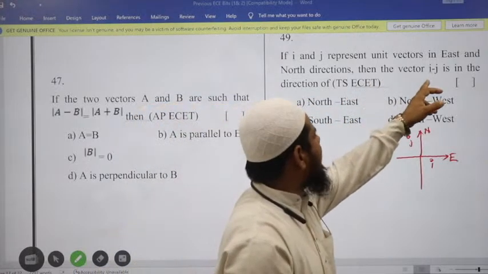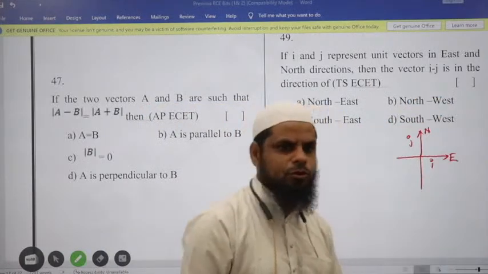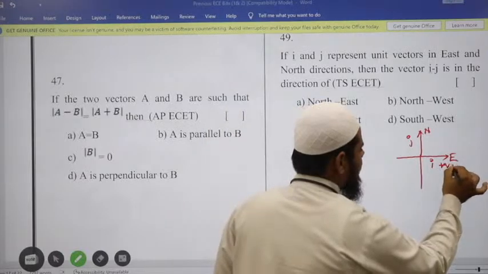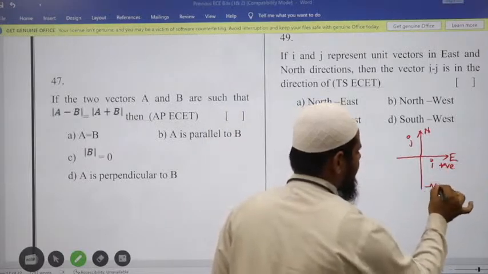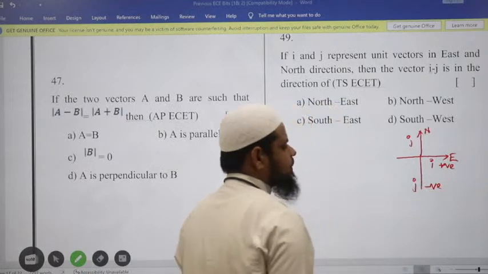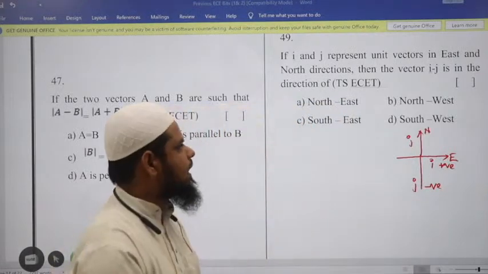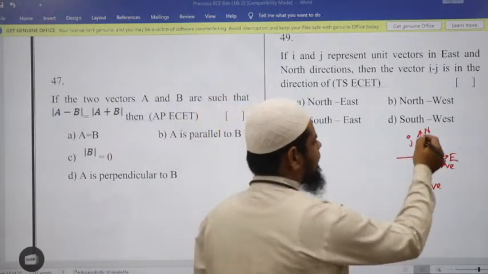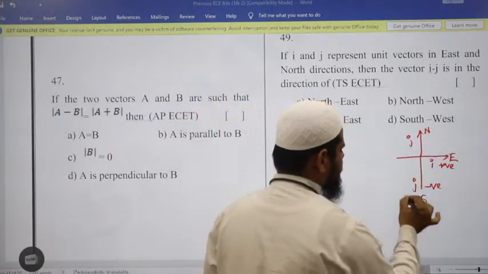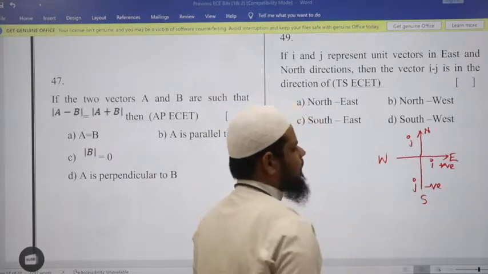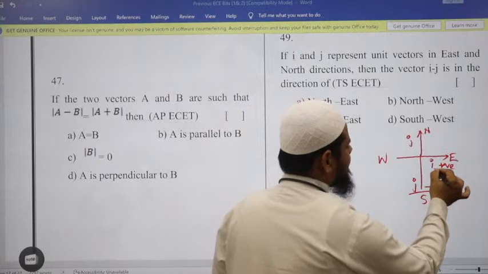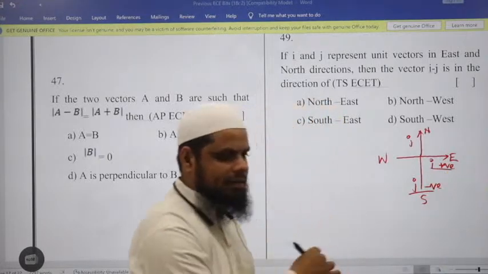Then the vector I minus J. So what do you need? Positive I and the negative J here. Positive I and the negative J is in the direction of there. If it is not, then this will be the south, this will be the west.